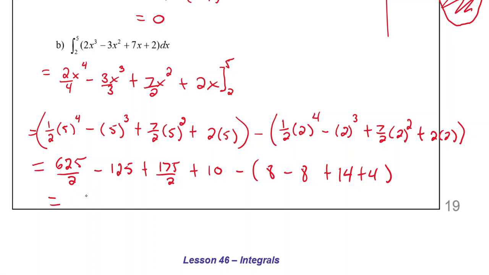So this all comes out now as 267. So the area under the curve of this function from 2 to 5 would be 267.